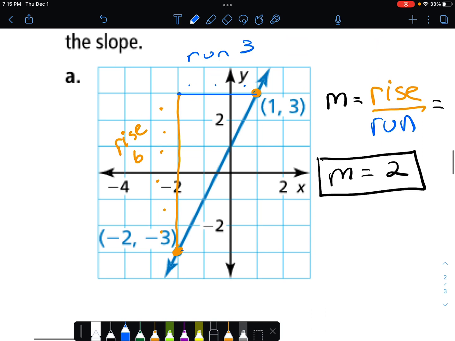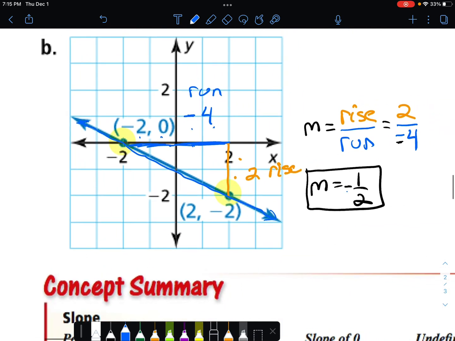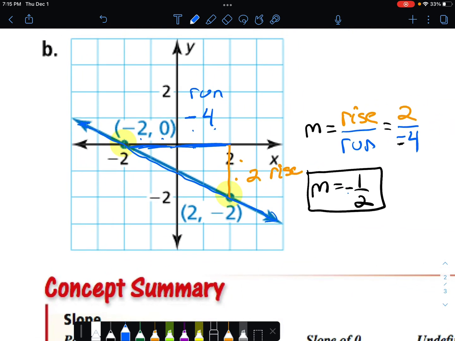So the one that was going up from left to right, that's a positive 2. If it's rising, if it's increasing, it's positive. If it's falling, if it's decreasing, it's negative.